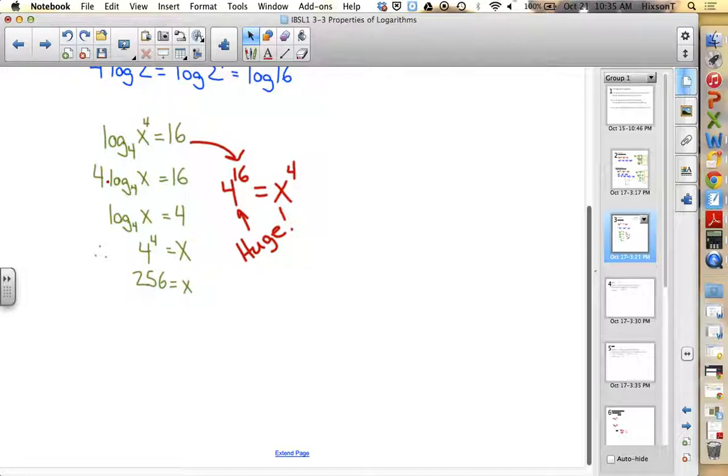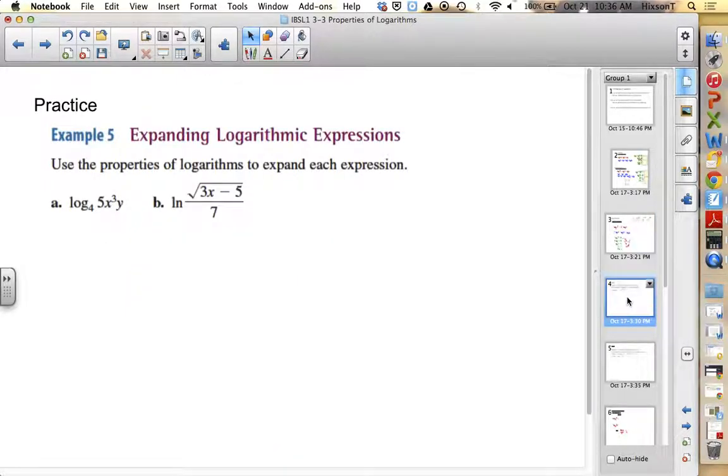So, what I'm going to have you do is I'm going to give you a couple here to try to expand. There's 2 here to expand: a is the log base 4 of 5x cubed y, and b is the natural log of the square root of 3x minus 5 all over 7.